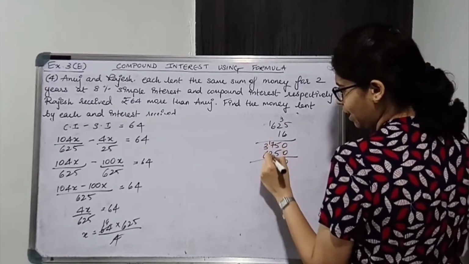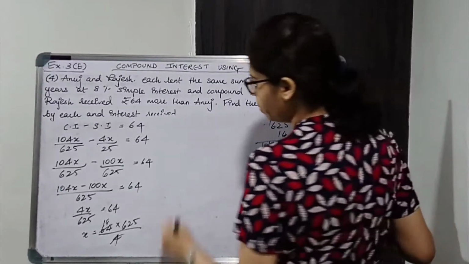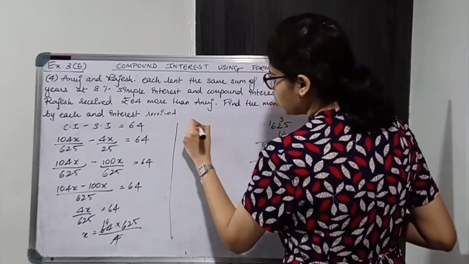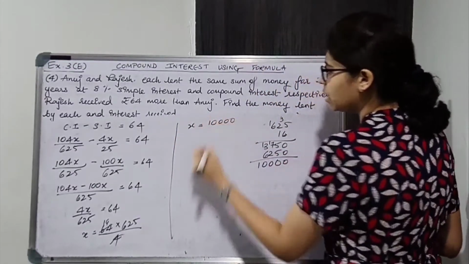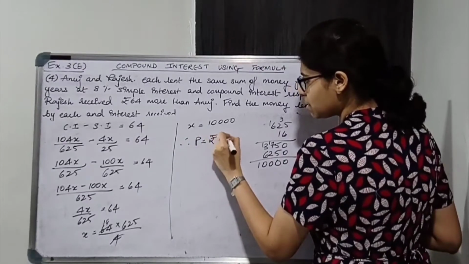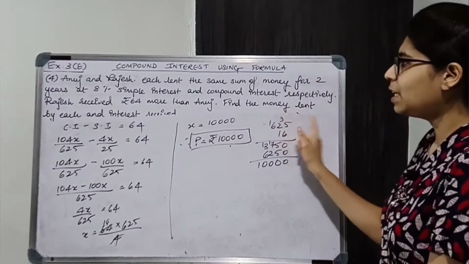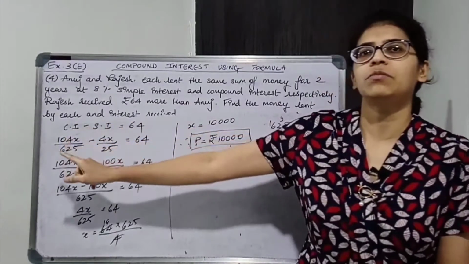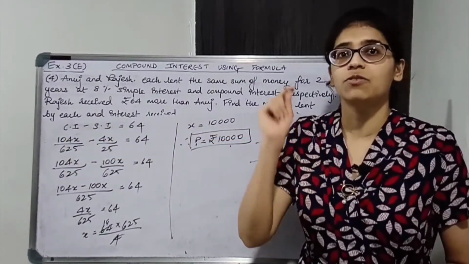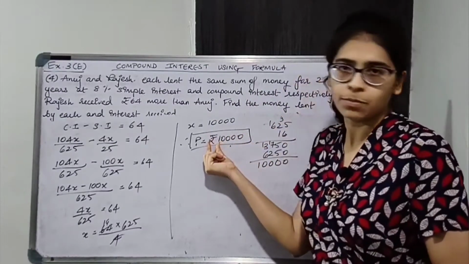So we get 10,000. Okay, so x is equal to 10,000, that is, principal is equal to rupees 10,000. So money lent by each of them is rupees 10,000. Write down the statement, box the answer, don't forget the rupee symbol.